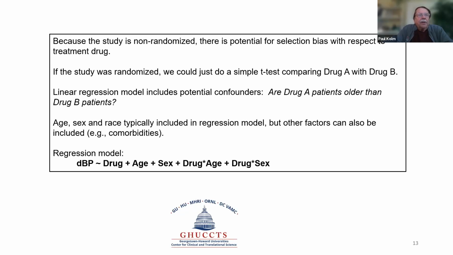And so in this example, I'm going to regress blood pressure on the drug, of course, which is our main interest here, but we also are going to include age and sex, and then we're going to include the interactions of drug by age and drug by sex.